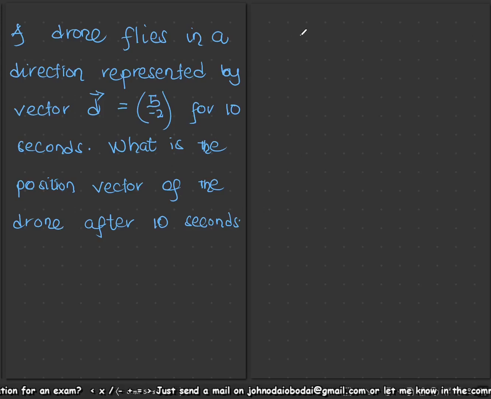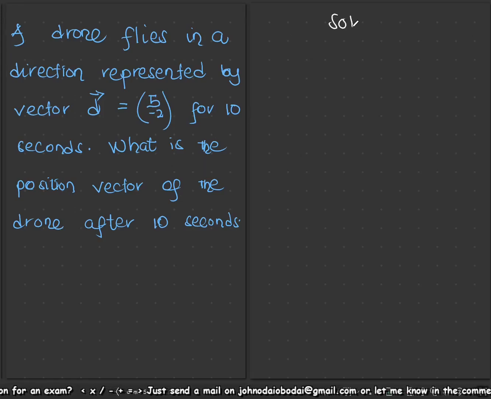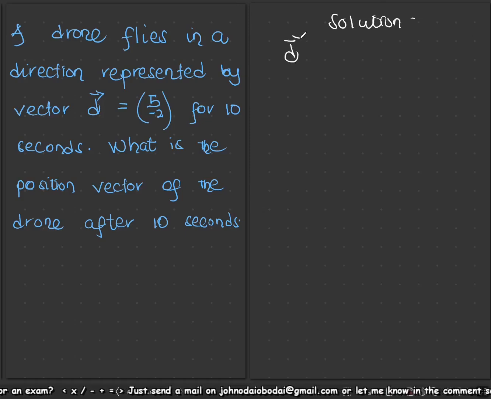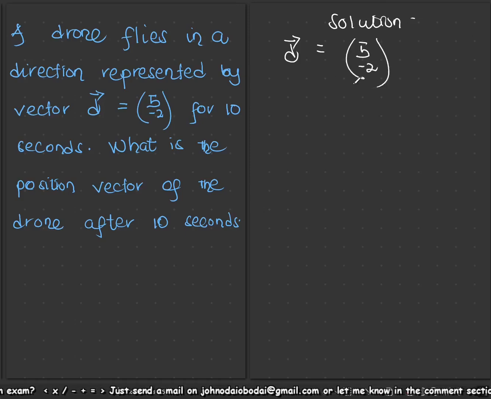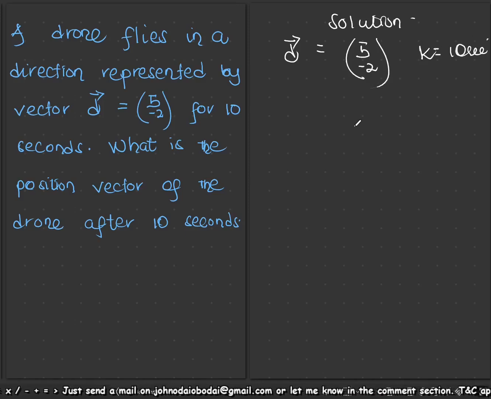So the vector here is d, that is 5, -2. And we are saying that it is undergoing this movement for 10 good seconds. That will be our scalar. So its position after 10 seconds.